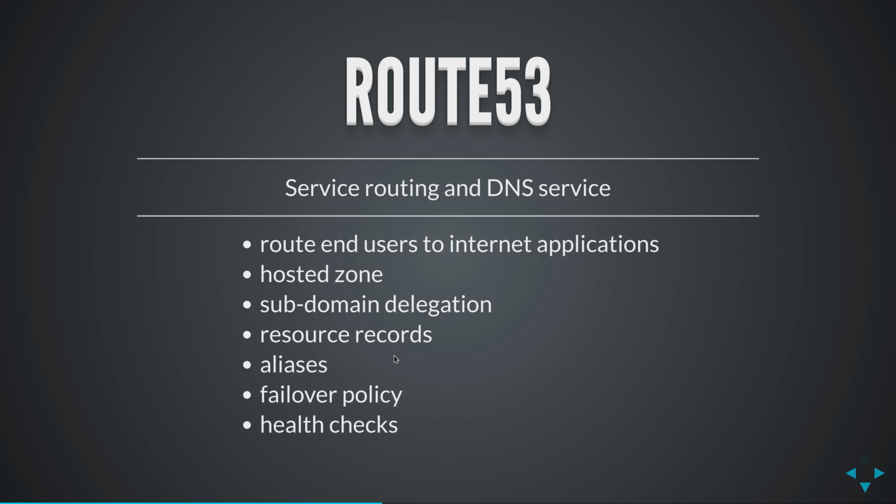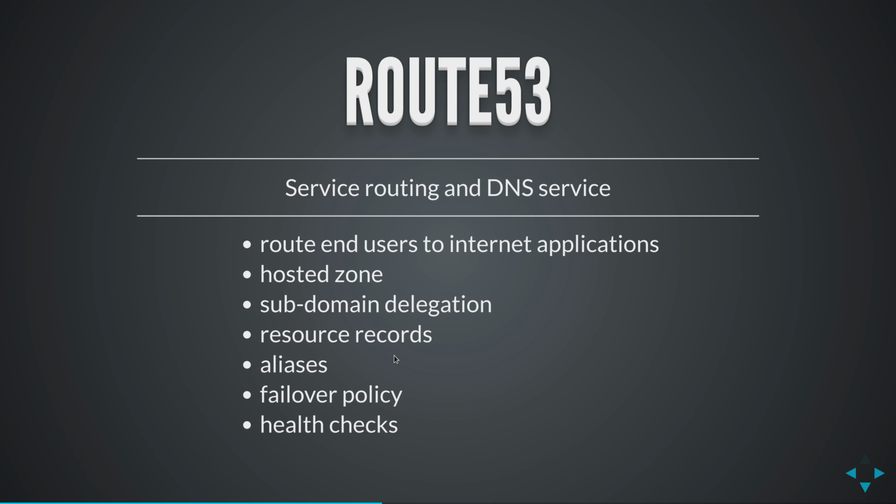In our situation, we are going to use a subdomain for the hosted zone, so we need to make sure that we have a subdomain delegation set up at our provider, so that the subdomain is delegated to AWS.